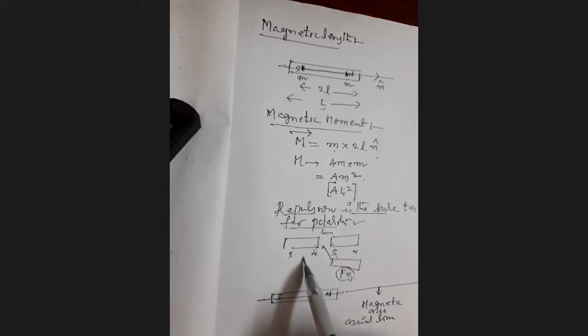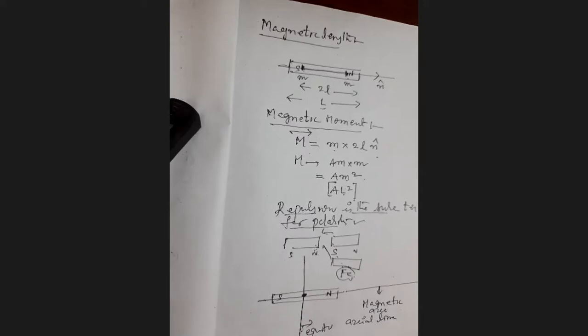The perpendicular line passing through the center to the magnetic axis, which bisects this magnet, is called magnetic equator, or equatorial line.